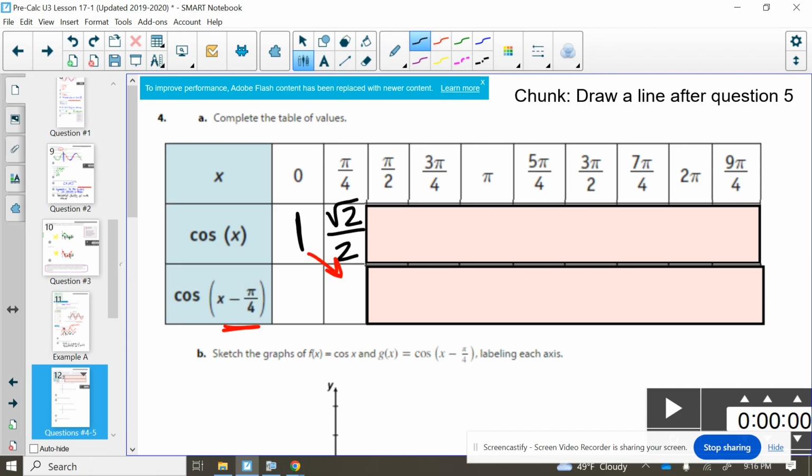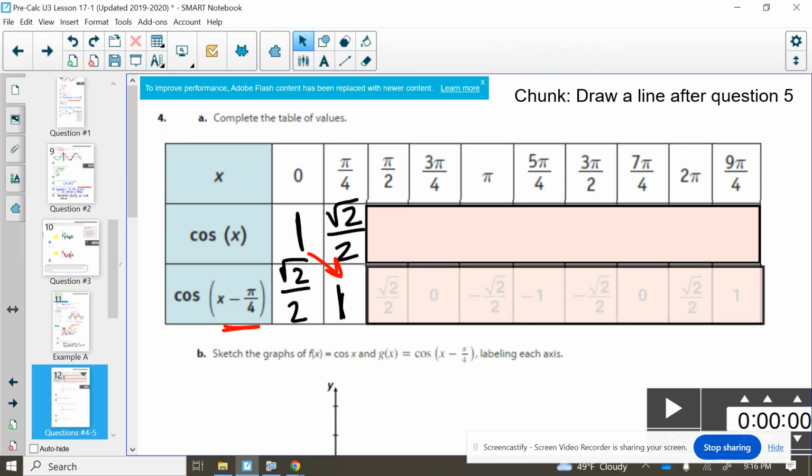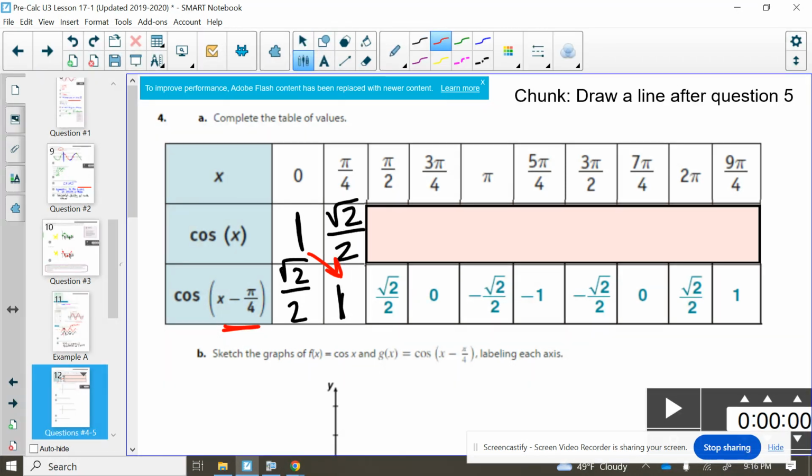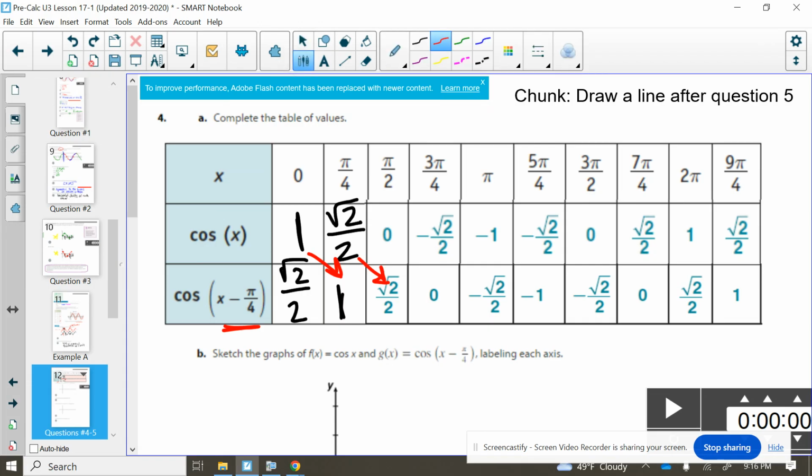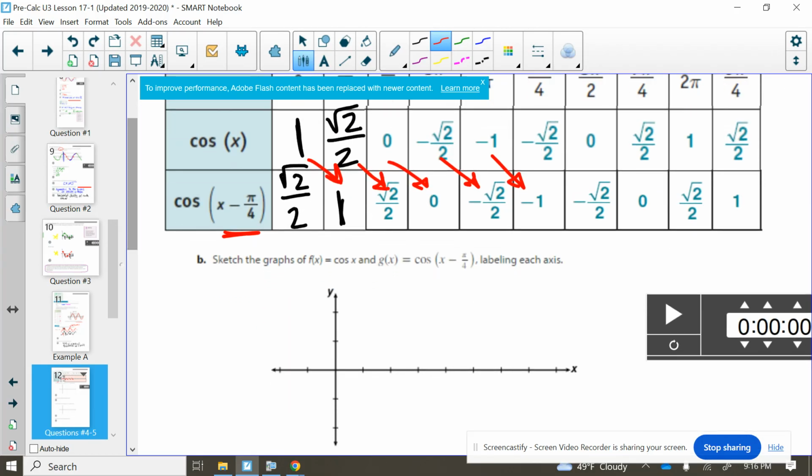So what was, in this case, if we take that cosine, we'd have square root of 2 over 2. However, this becomes 1. And as we look at this, we notice that this is still shifting to the right 1. And if we had filled out the rest of this chart, this is moving to the right 1, to the right 1. Everything is shifting to the right 1 unit.